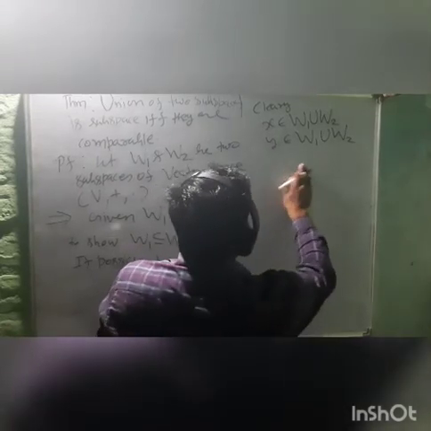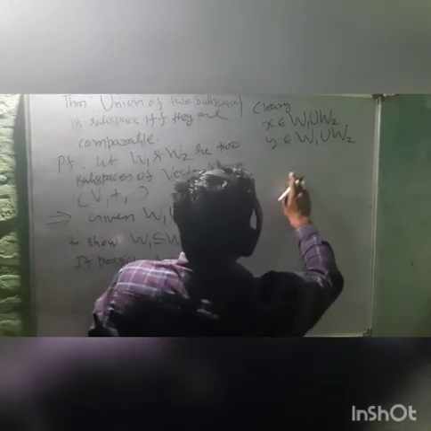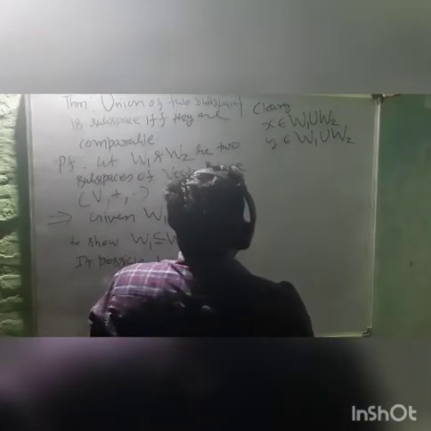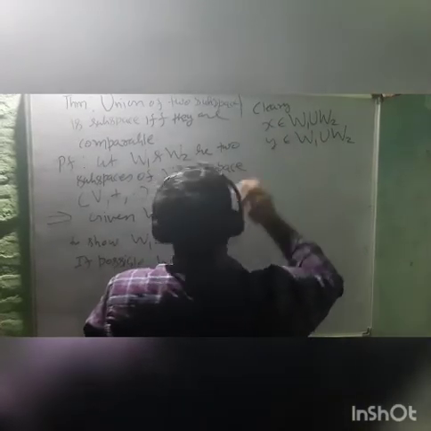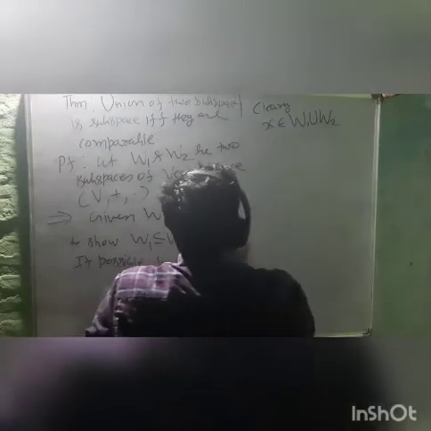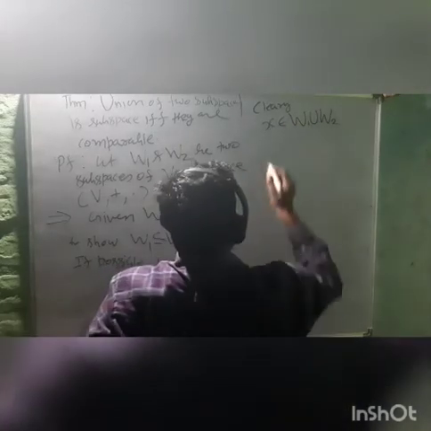Okay, so X and Y both are going to be in the union. So I'm going to take this case. One of them I'm going to apply. So let's work on X only. So X belongs to W1 union W2.